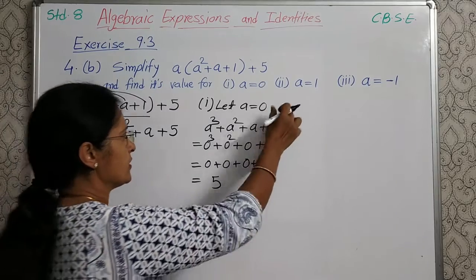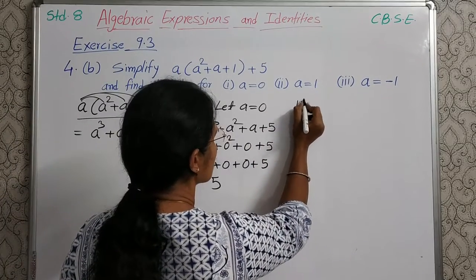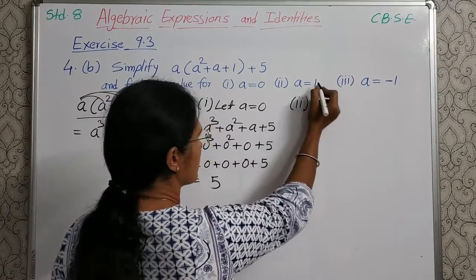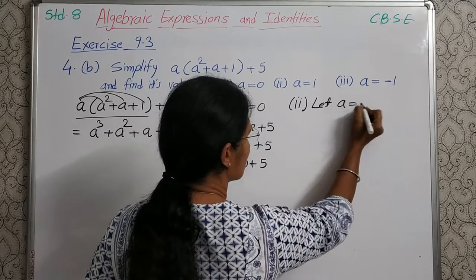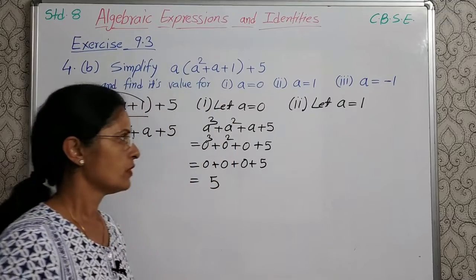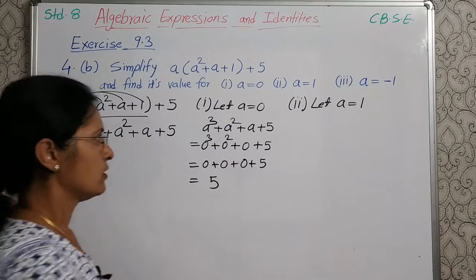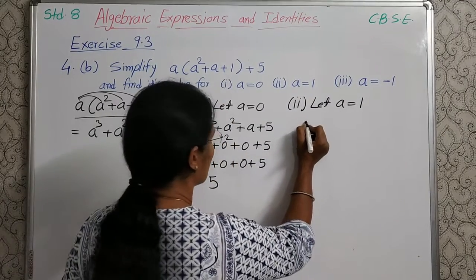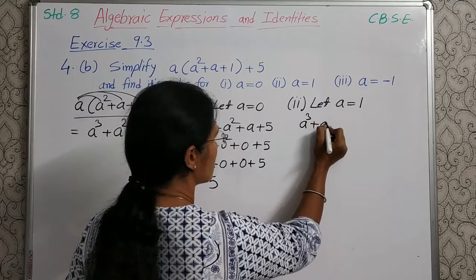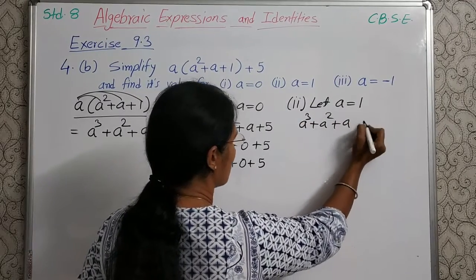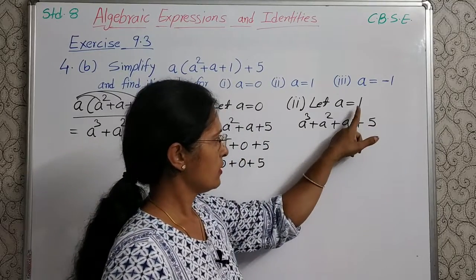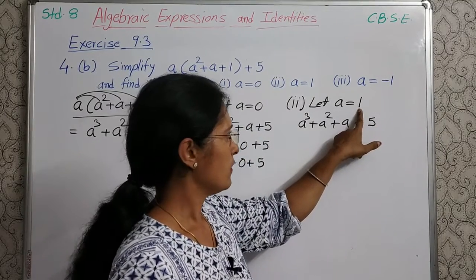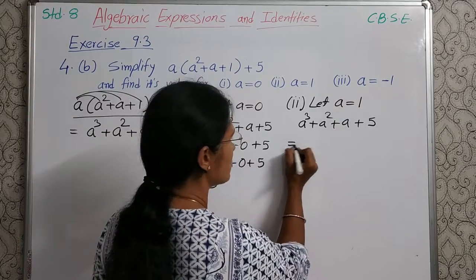Now second, substitute a is equal to 1. So let a is equal to 1. Now again we'll write this expression here, a cube plus a square plus a plus 5. Now wherever there is a, write the value 1 for a and solve.